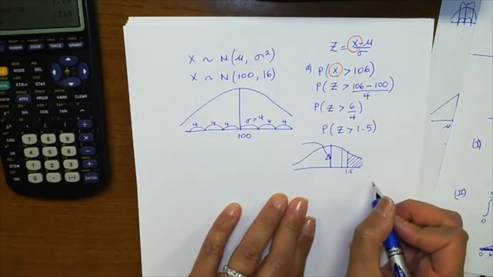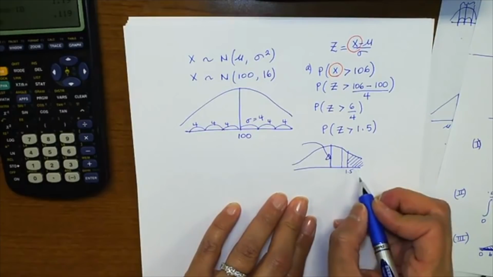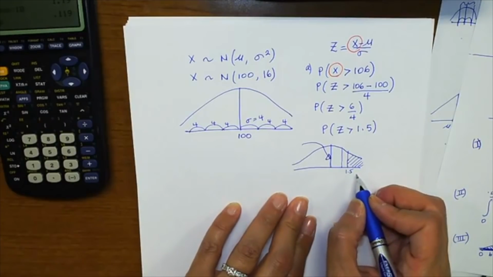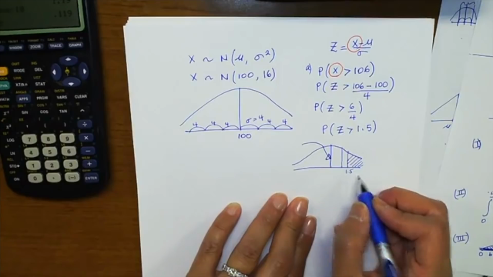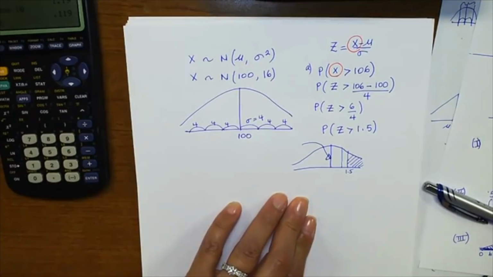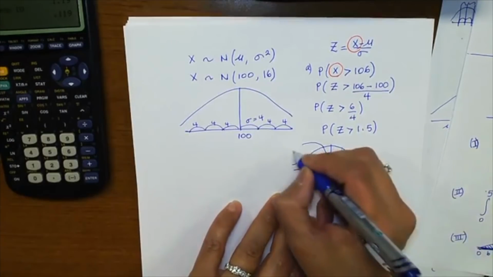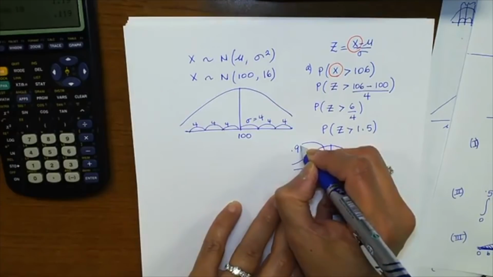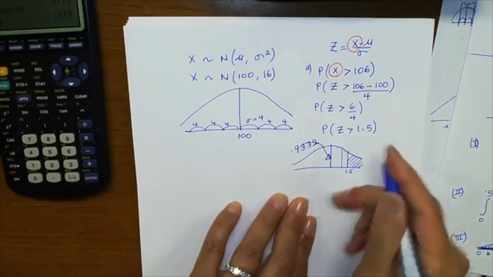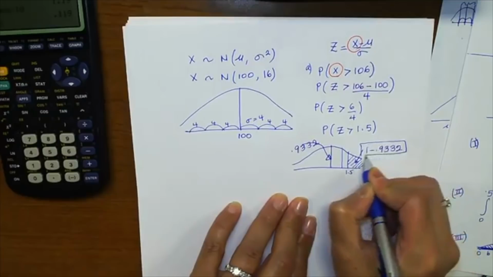So do you have your z tables with you? Can you tell me what the z table says for 1.50? 0.9332. So then this part is going to be 1 minus 0.9332. That's your answer.